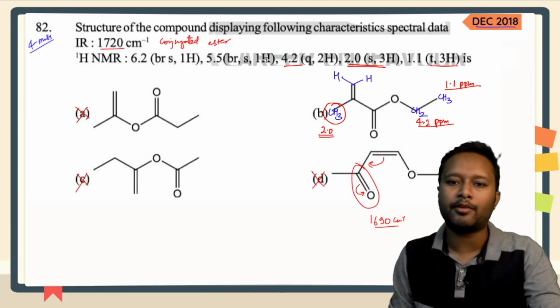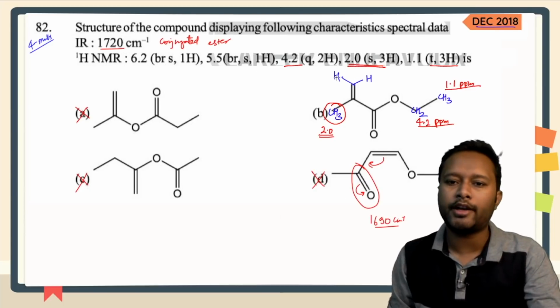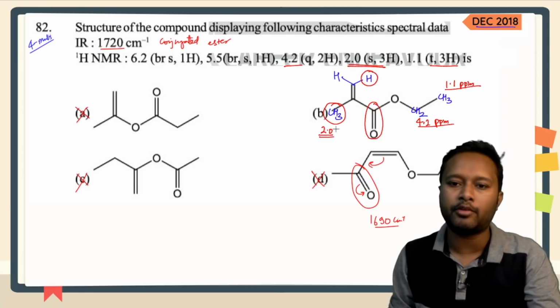Now apart from all these three, you have got two peaks. One is 6.2 broad singlet 1 hydrogen and the other is 5.5 broad singlet 1 hydrogen. That is going to be the deciding factor, and that's going to help you find out which is the correct option here. Now these two hydrogens, which are actually present on the same carbon, will give you different chemical shifts. Why? Because this hydrogen is within the anisotropy of this carbonyl group.